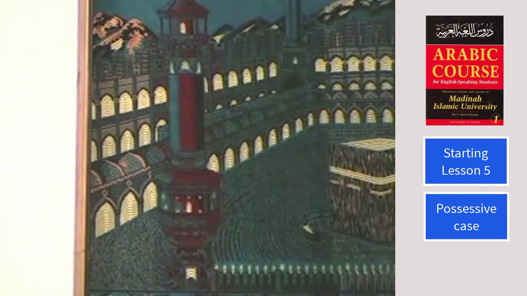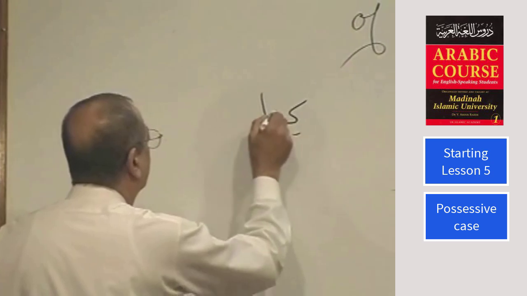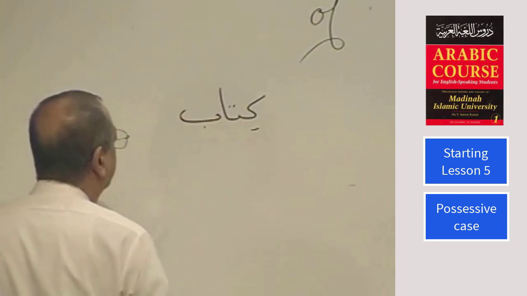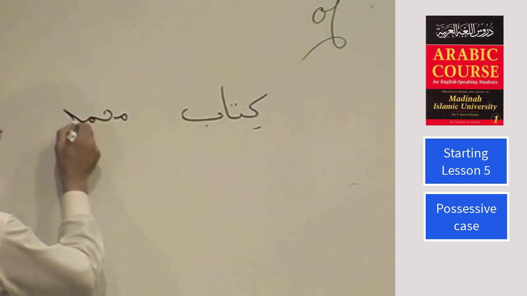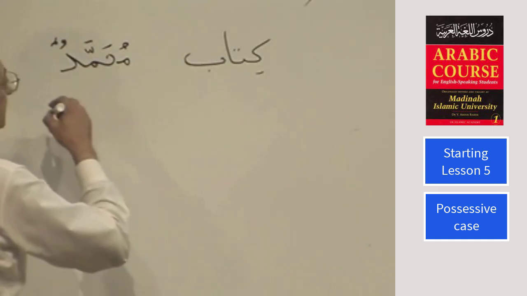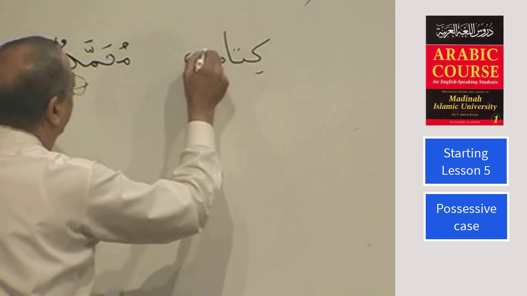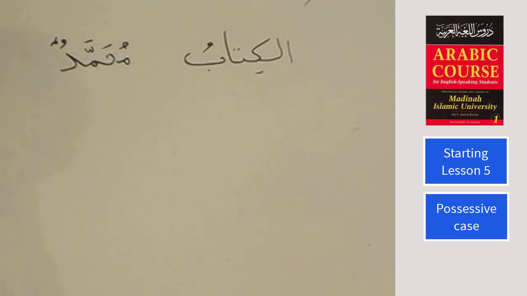Here is Kitab, and here is Muhammad. I can say Al-Kitab, the book of Muhammad. So how do I make the possessive case?